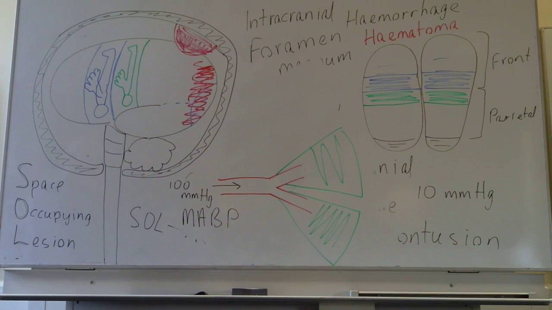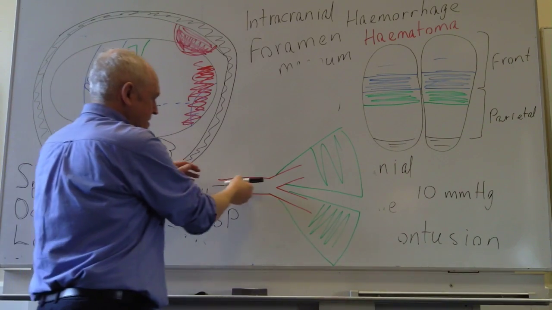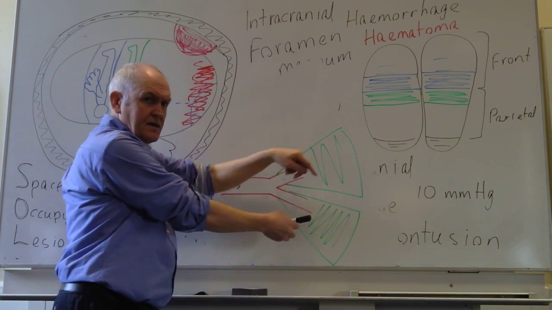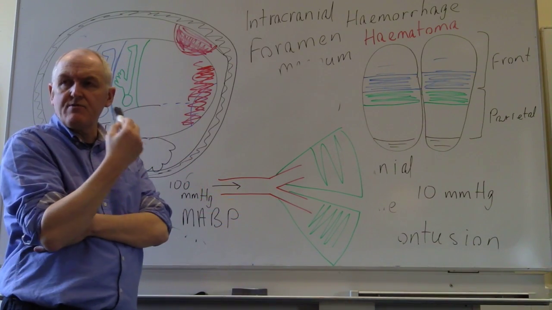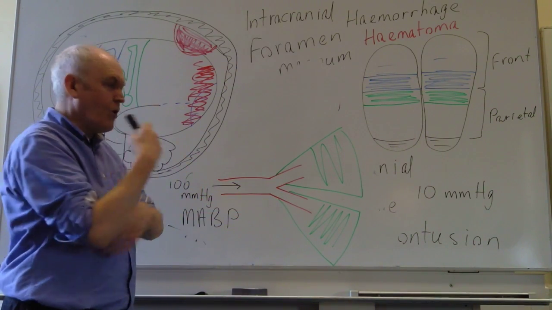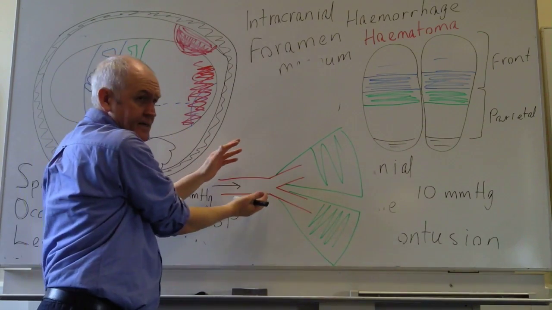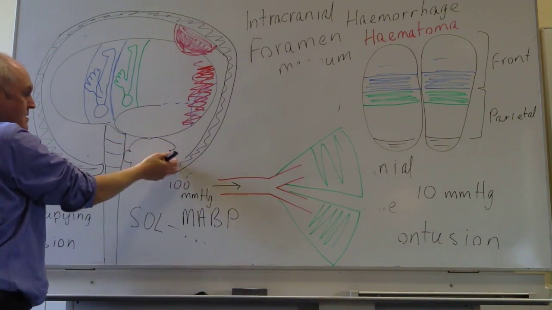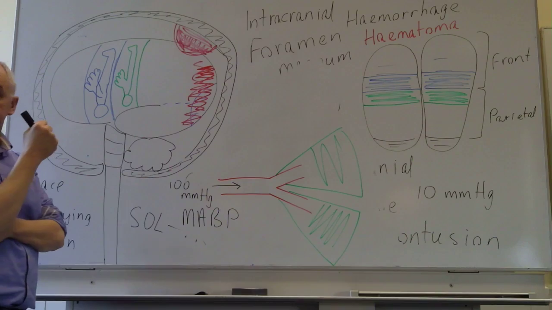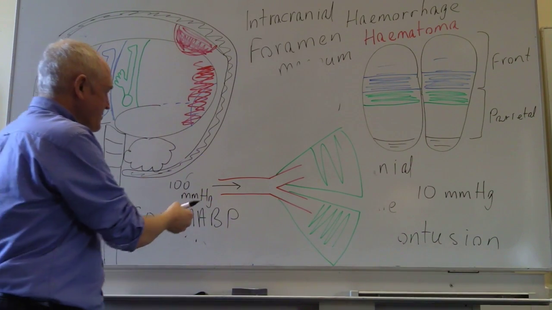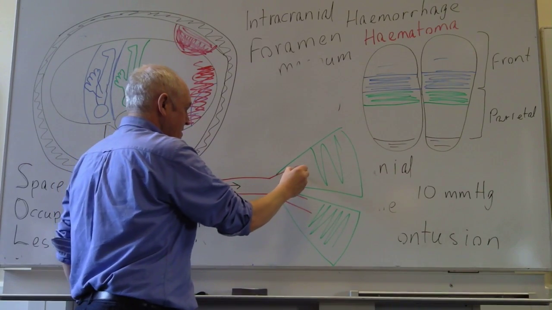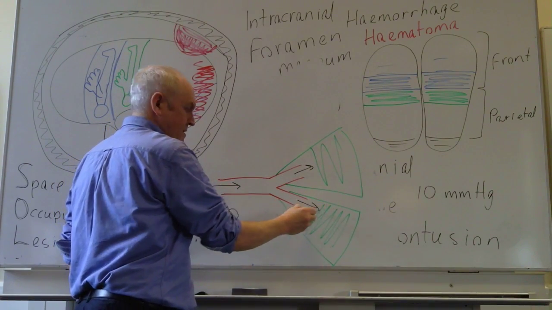Actually, if this vessel is taking blood to the brain, can you see this vessel here? This blood vessel itself must in fact be intracranial. This whole thing here must be inside the vault of the skull. Does that make sense? So we've got 100 millimetres of pressure there taking the blood in, which is fine.